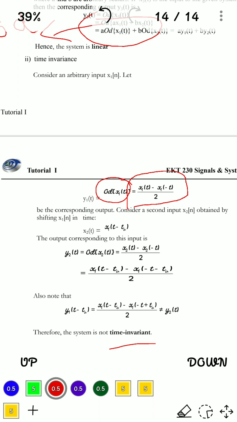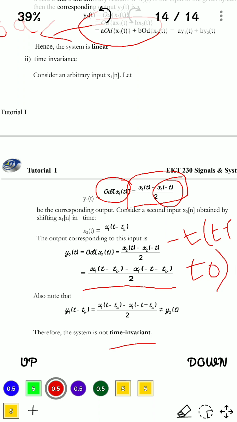So you can see that this is different. There is a minus t associated, and for minus t I already told you that it is t plus t naught. For minus t what you have to do is take minus of t plus t naught.